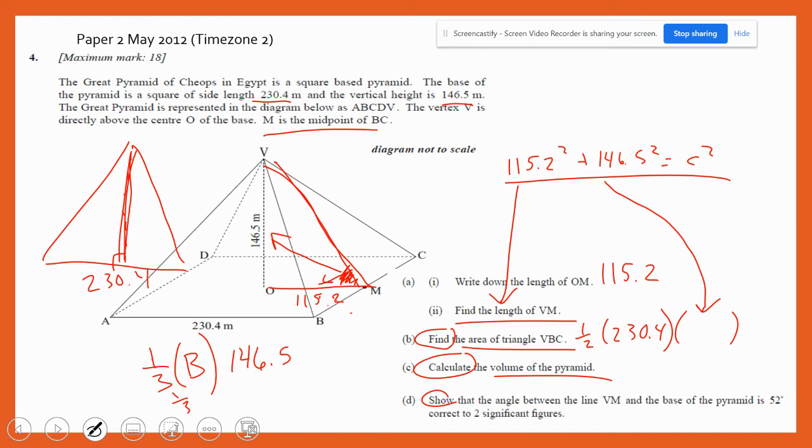Either way, I'll use tangent because of what's on there. So the tangent of that angle is 146.5 over 115.2. So I would do second tan, and I get 51.820. So to 2 sig figs, that's 52.